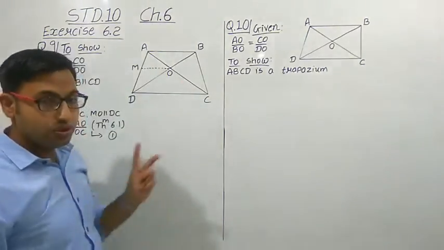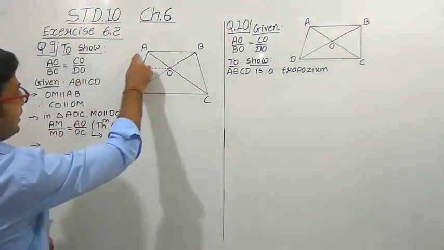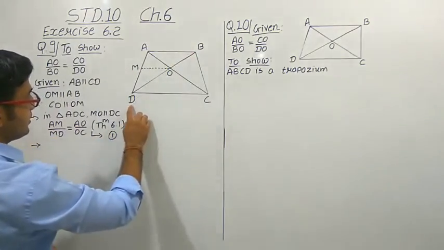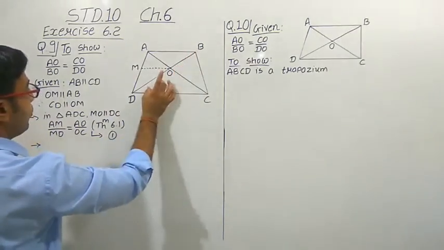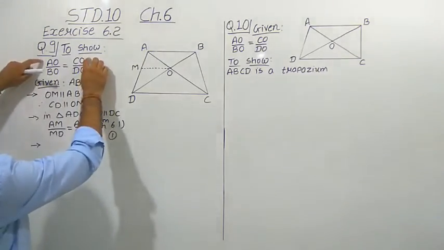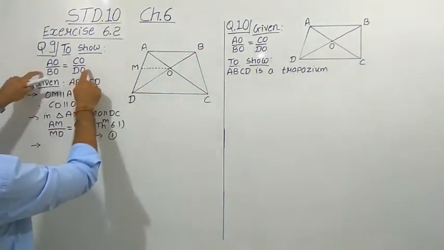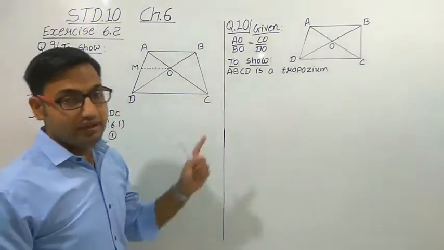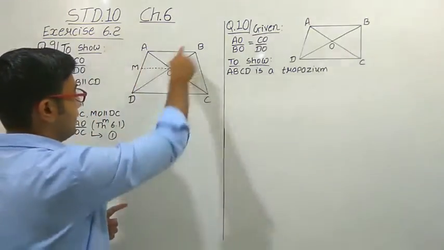We can get these two from this triangle. Now if we consider triangle DAB, the two sides we get here are OB and OD. Then by comparing, we can find the answer. That is why there is no need to draw the line from this side to this side.